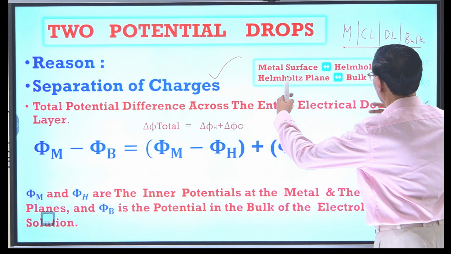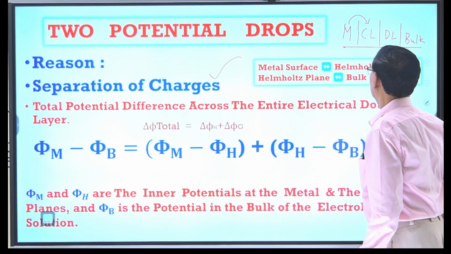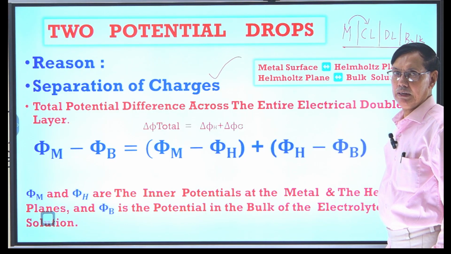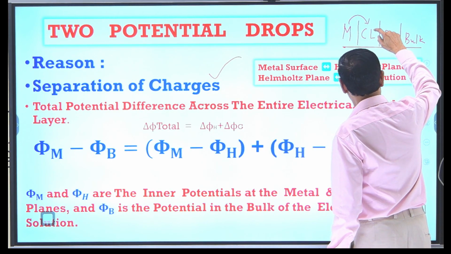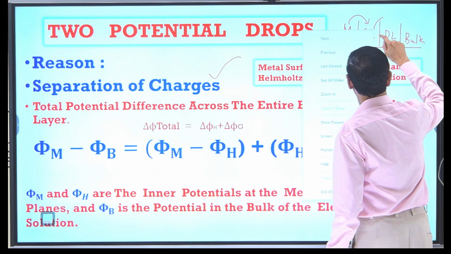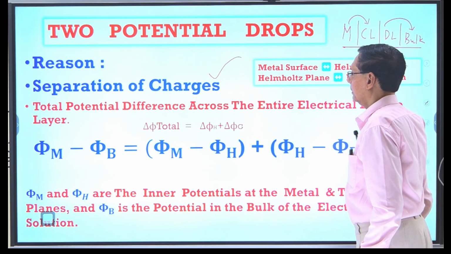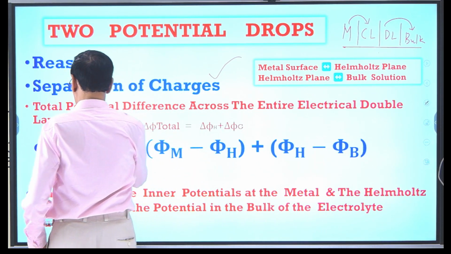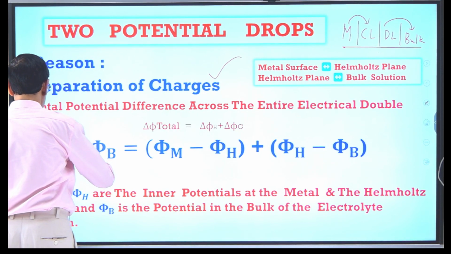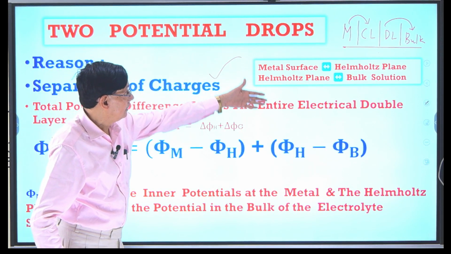So there is a potential drop between the metal and the compact layer, and then Helmholtz layer to bulk. So the total potential difference: phi of M, that is due to the metal.